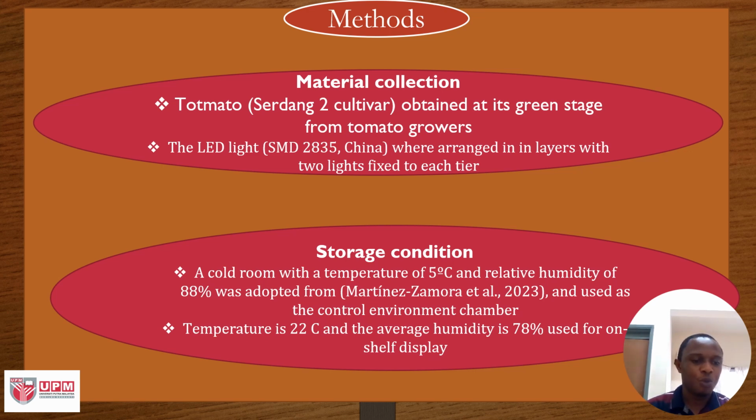This condition was replicated in a climate chamber at the Control Environment Lab in the Department of Biological and Agricultural Engineering, Universiti Putra Malaysia. The samples were transferred to the chamber after 5 days of treatment, and the developmental progress was monitored until it reached stage 5 of development, which is the light gray stage, as prescribed by the USDA classification.